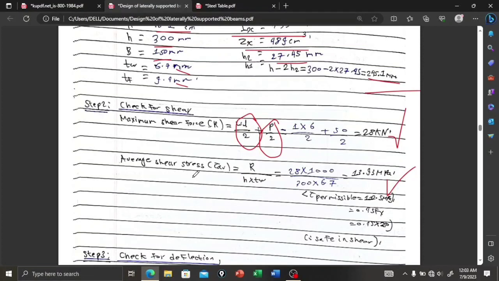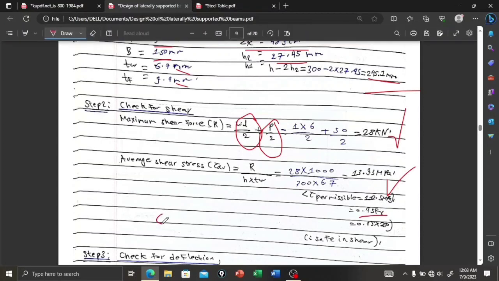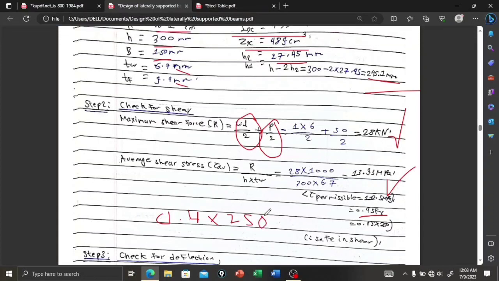For permissible, average shear stress is 0.4 times Fy 250, that is 0.4 into 250 is 100. So 13 is less than 100, so safe in shear.